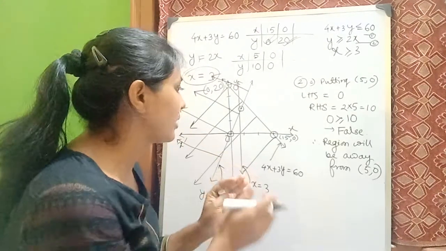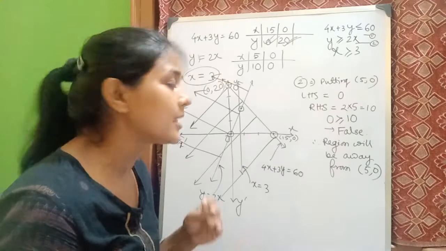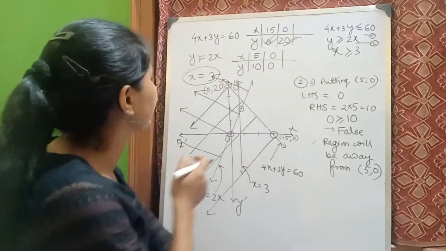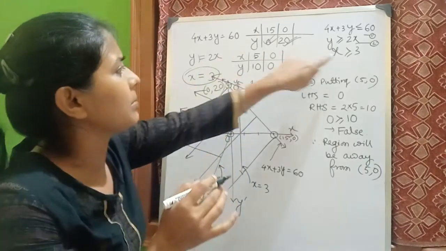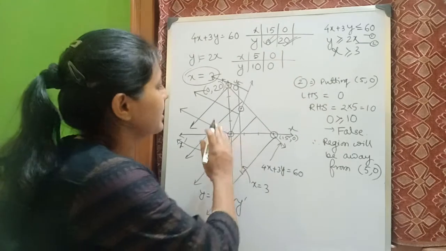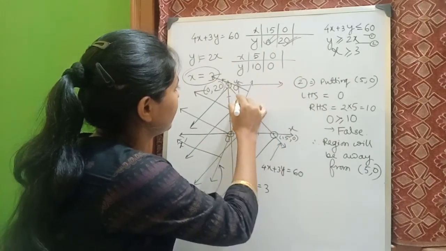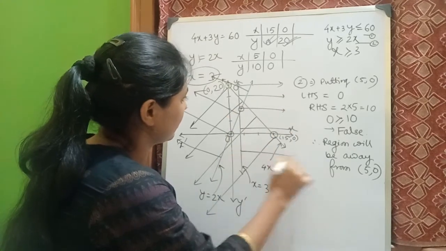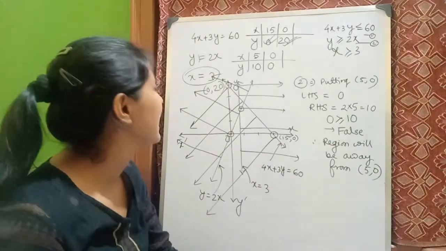Don't go to the figure directly, rather know your basics and then apply the basics here. So we have got this, then x equals 3, but x greater than or equal to 3, that means this side obviously.